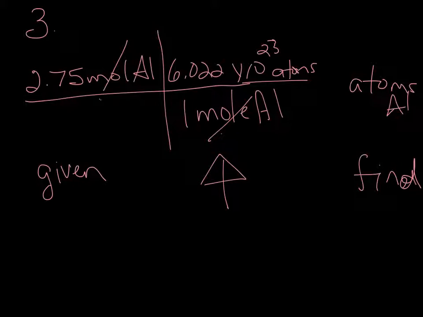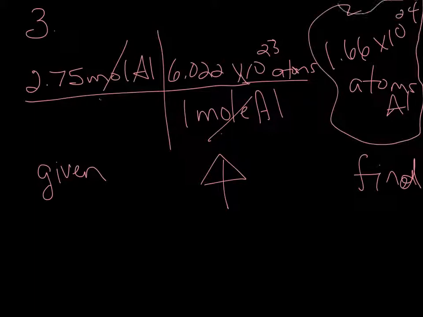And so 6.022 times 10 to the 23rd times 2.75 should give you 1.66 times 10 to the 24th, and that is atoms of aluminum. And you need to write all of this out. That is part of the label. That is important.